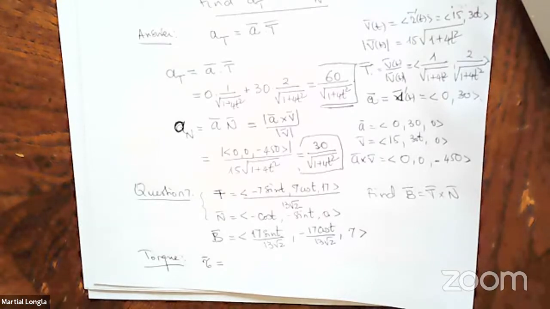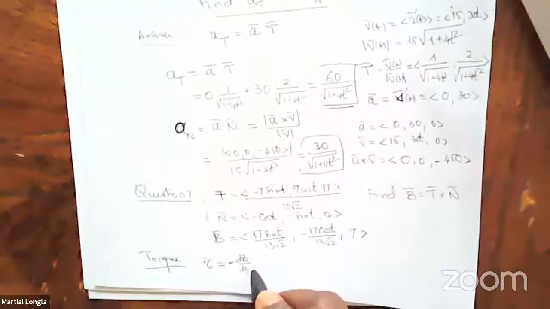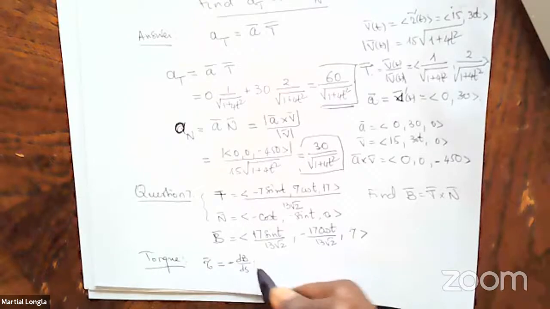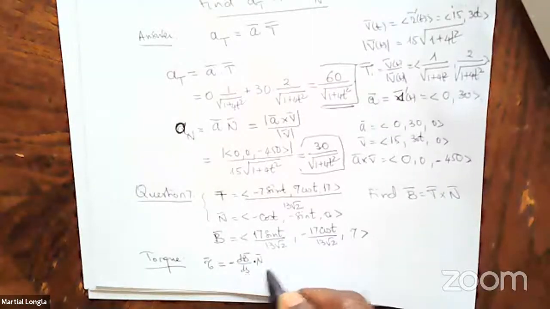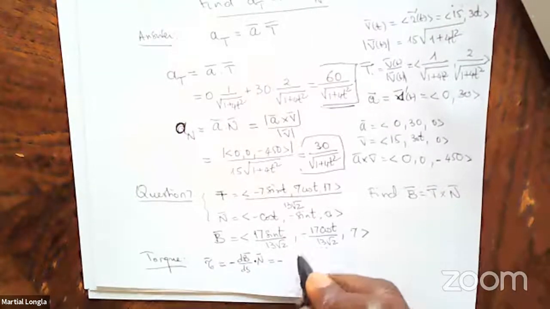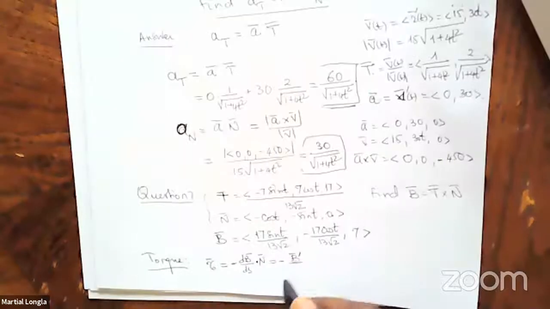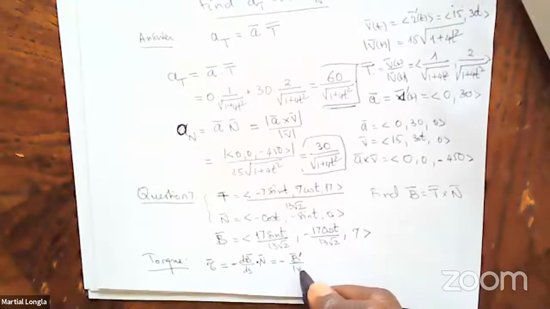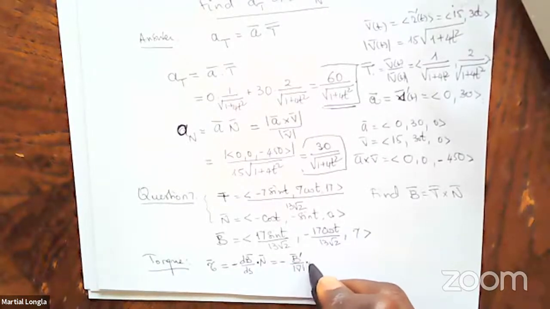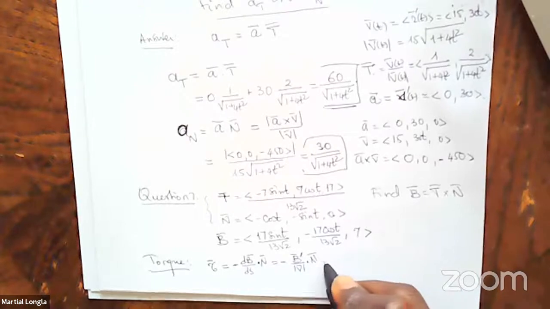Is she here? What I got was negative dB over ds times N. Is that correct? Over ds dot N, not times, but dot N. Oh, dot. Yeah. That's okay. And dB over ds is actually B prime divided by the magnitude of v dot N. That's what it is.